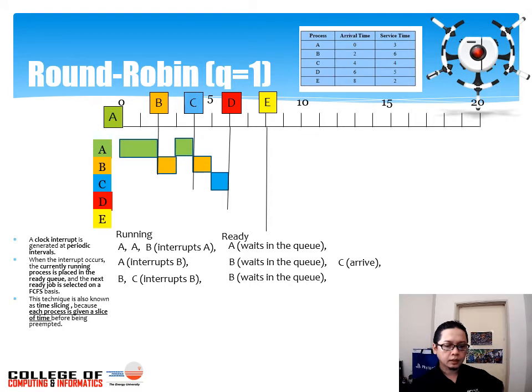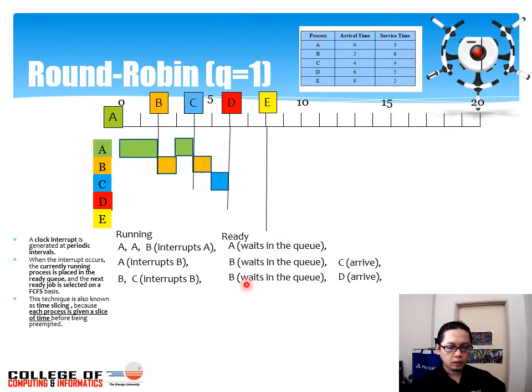Then D arrives. This is the arrival time of D. So what do you think happened next? D arrives here, D is waiting in the ready queue, and C is executing. So next, who will be interrupting who?